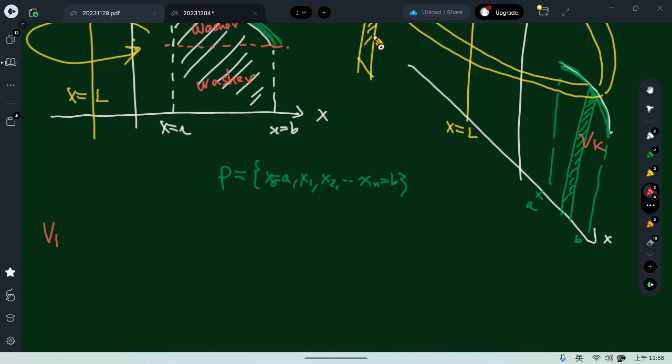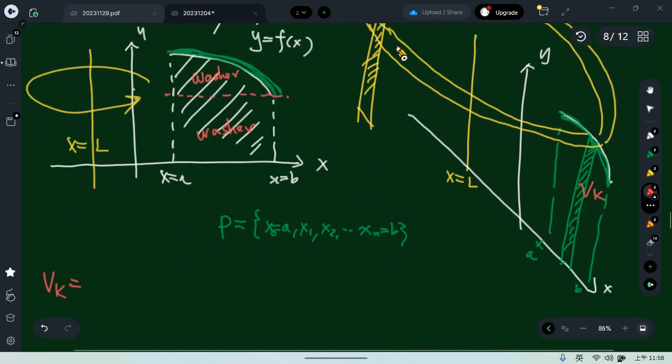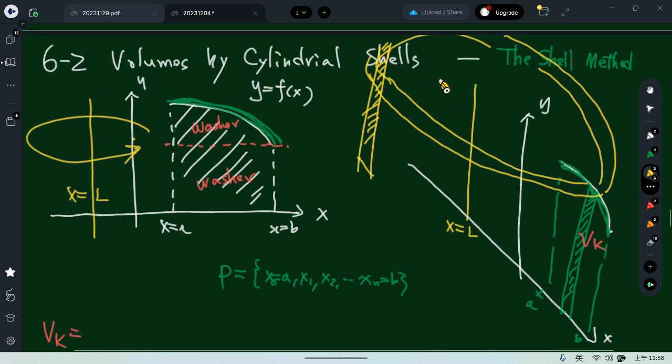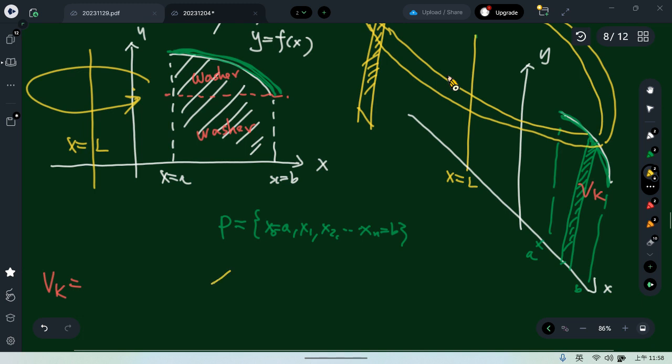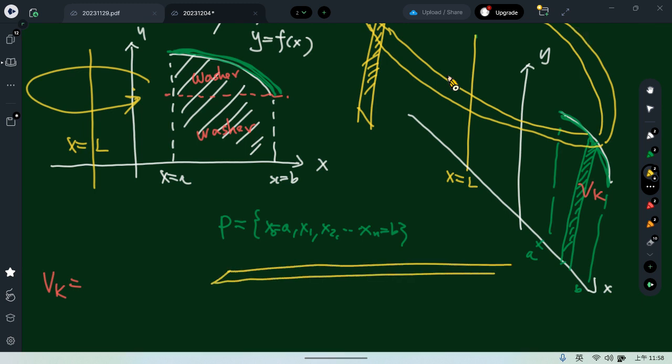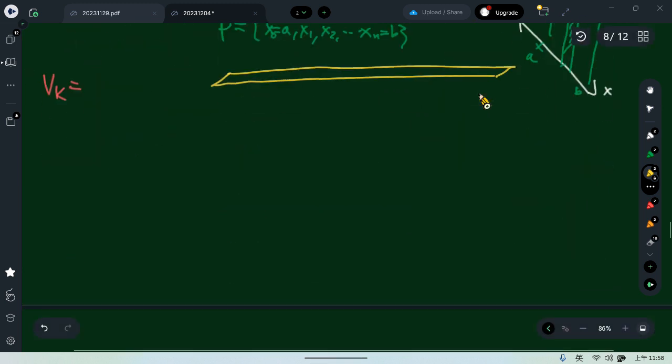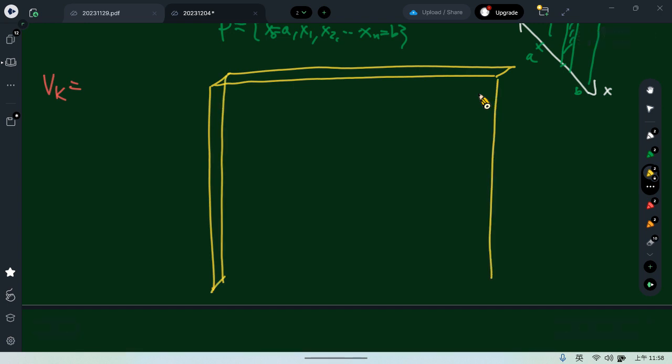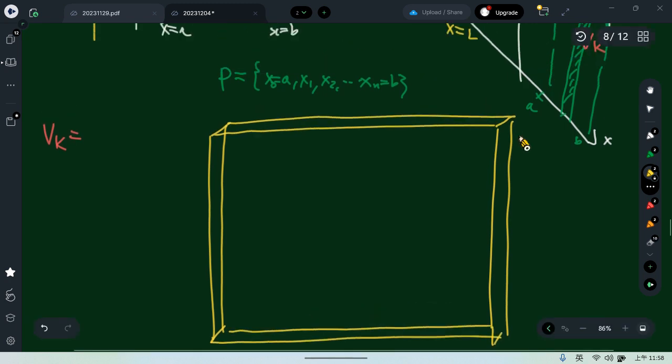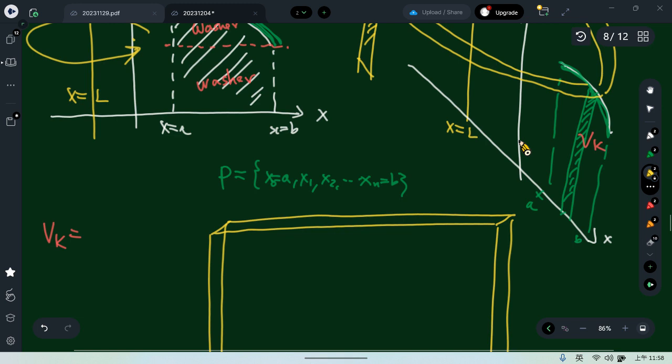Vk is equal to, okay, imagine that we use this to get the shape, and then we just cut it and roll it out. We can get the small one, this one. Just remember, this is a shell.